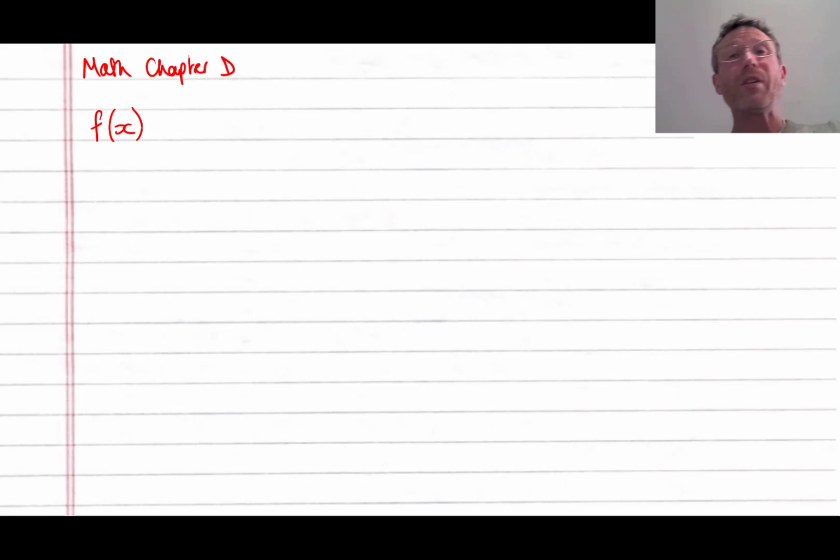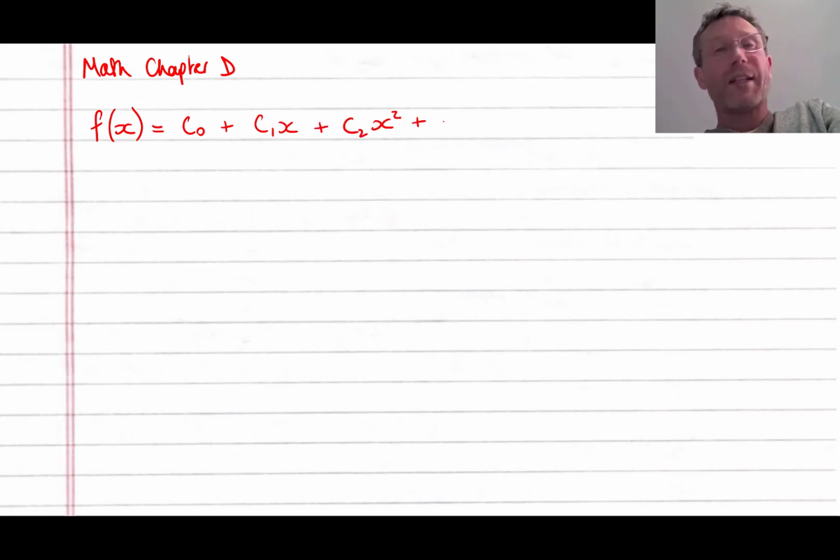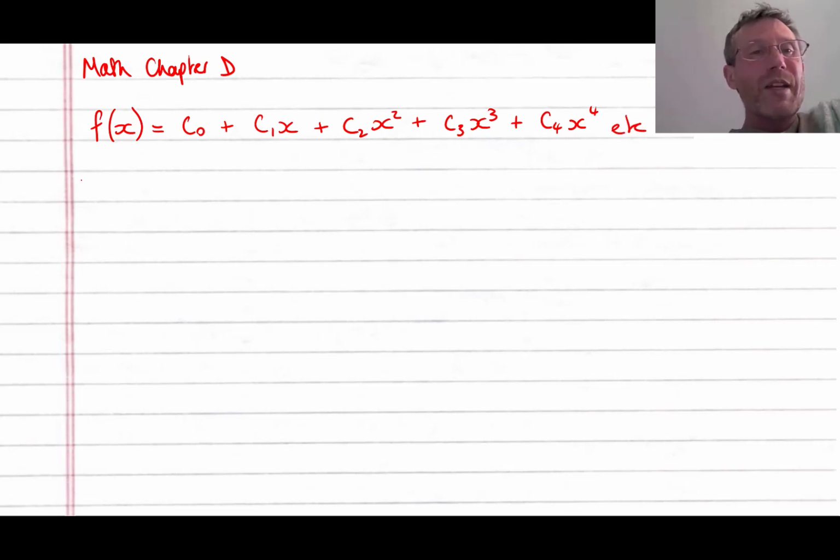So Math Chapter D tells us that if we want to take a function and expand it and write it into a Taylor series, we can use these coefficients: C0 plus C1x plus C2x squared plus C3x cubed plus C4x to the fourth, etc. What we first do is, number one, we say let x equal 0.